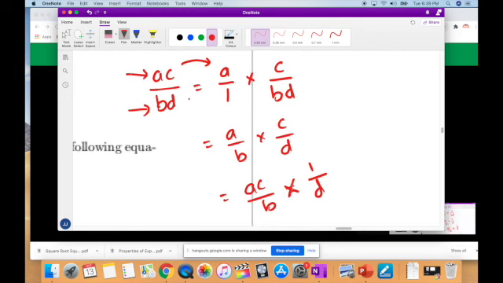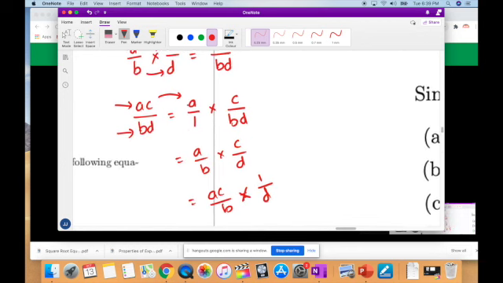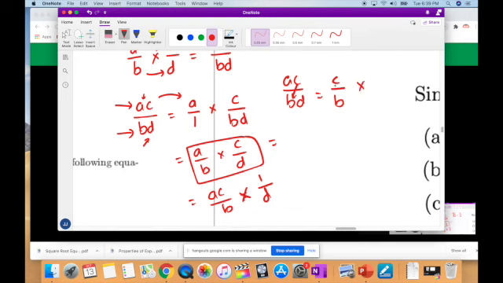So when it comes to the multiplication of fractions, because everything is being multiplied, you could actually change the order. In this case, because I have ac over bd, I could say that the c and the b are being multiplied by the a over d.